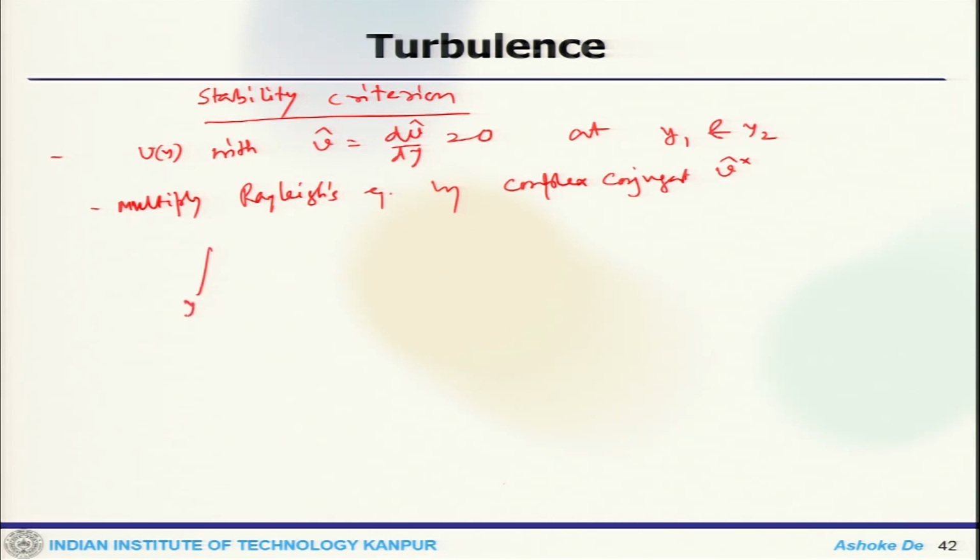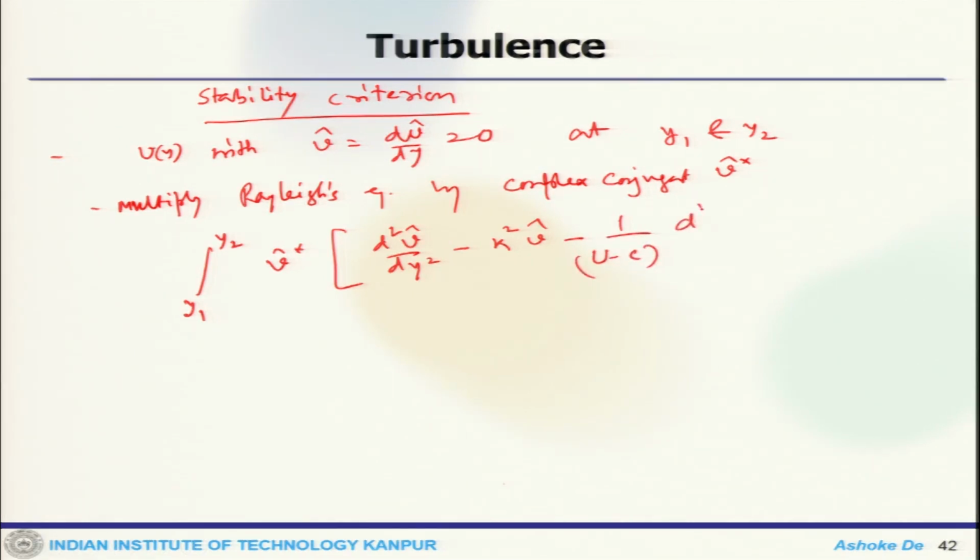So, that will get us the integral from y1 to y2 of d2 v hat by dy2 minus k square v hat minus 1 by (U minus c) d2U by dy2 v hat, dy equals to 0.